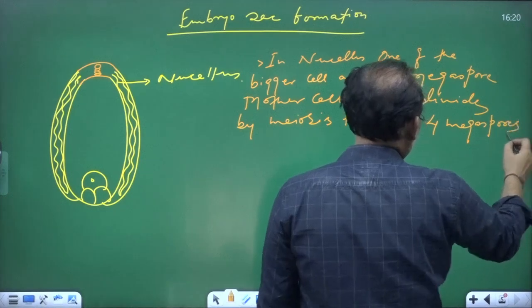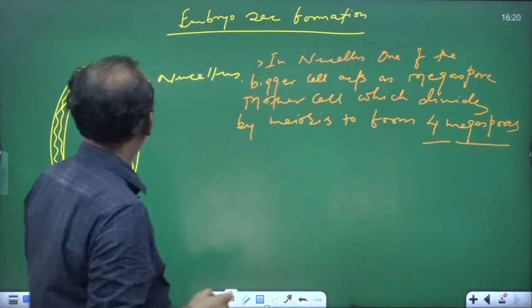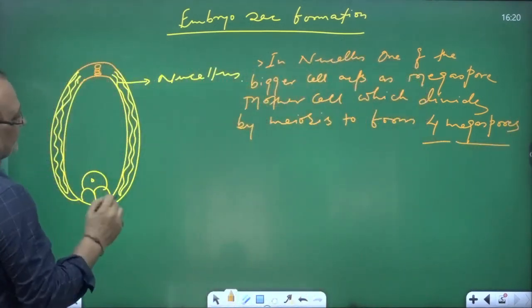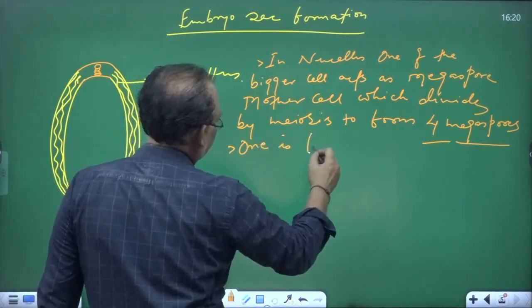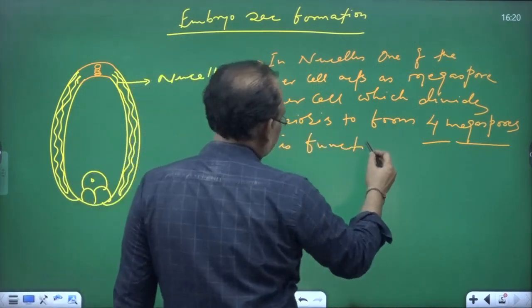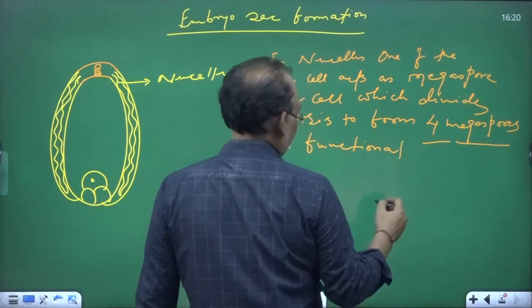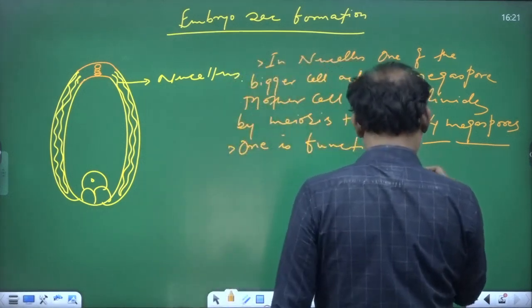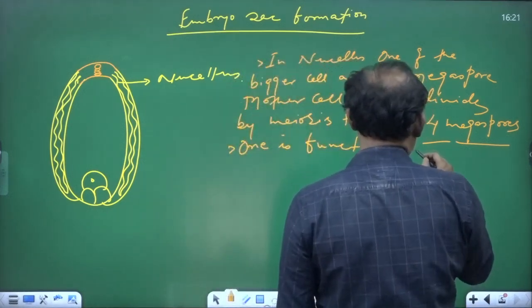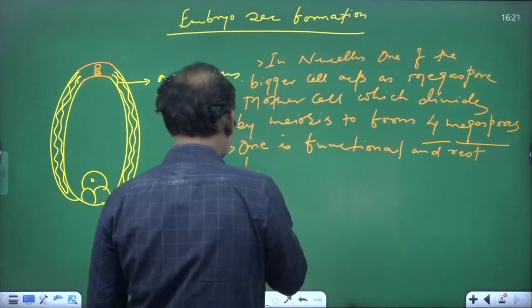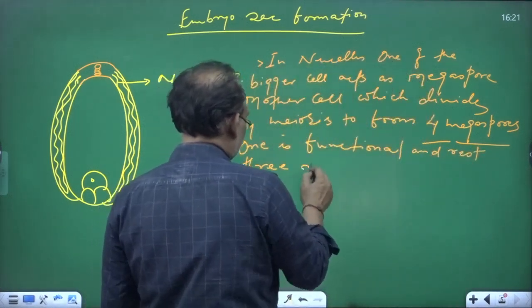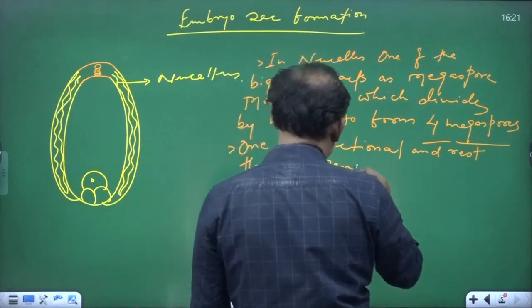So that forms 4 megaspores, and one is functional and the rest 3 degenerate.